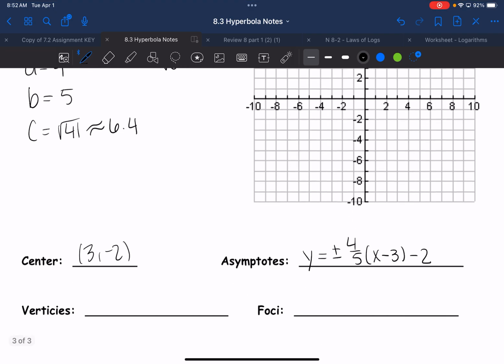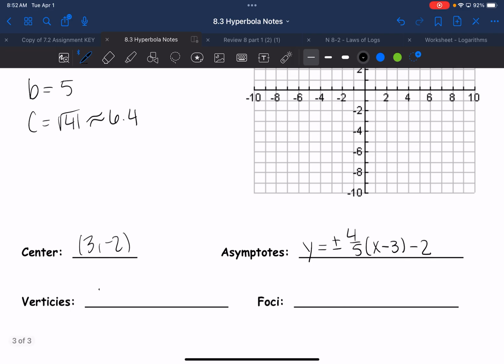All right, and then for our vertices. For our vertices, we are going to be adding and subtracting a, and we're running vertically, so I'm going to add and subtract a to h or k? K. So I'll have 3 that stays the same, and our a value was 4, so what's -2 plus 4? 2.